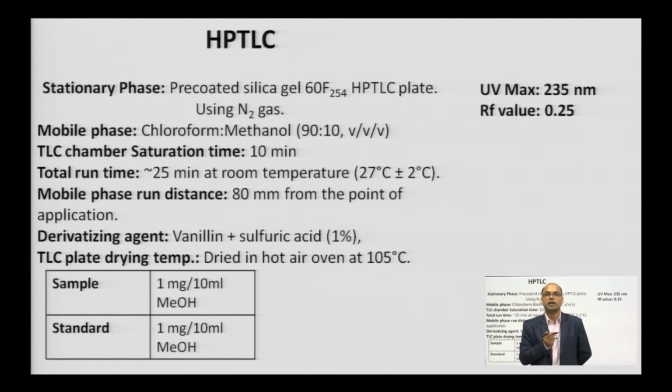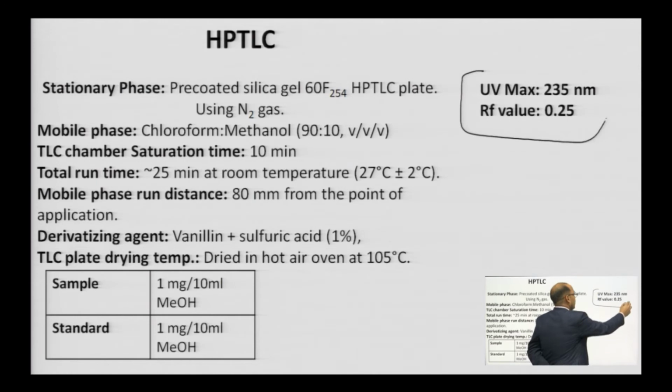For this analysis we have to specify the UV maximum or the detector setting. We have detected the spots under UV radiations at 235 nanometers, and the RF value of paclitaxel was obtained at 0.25. This is the RF value of paclitaxel.